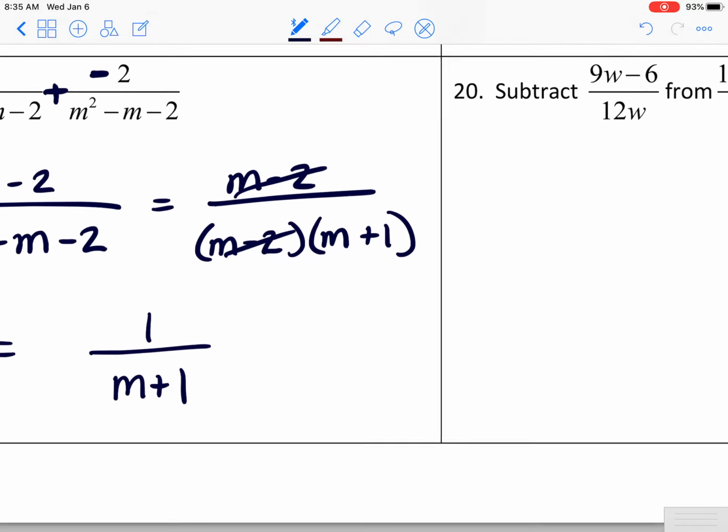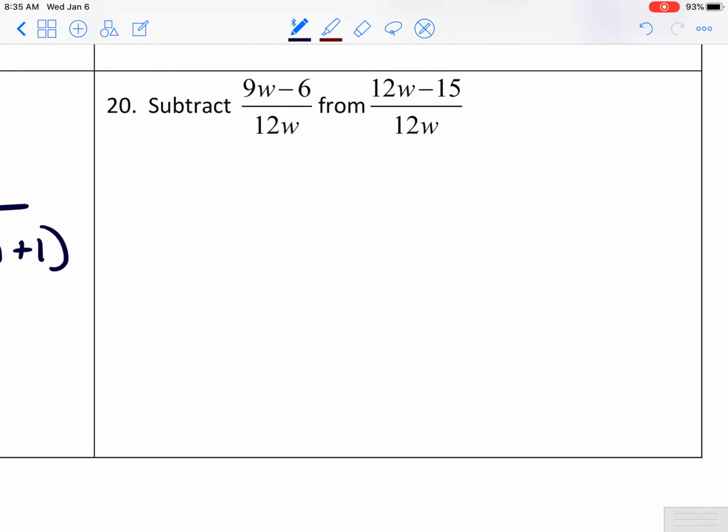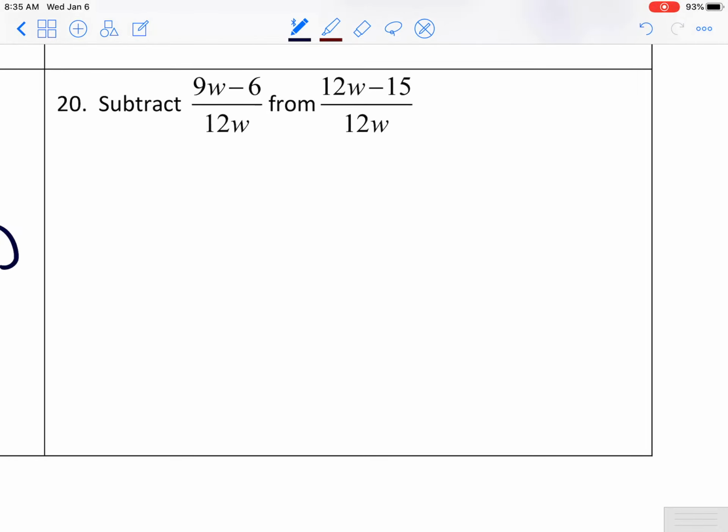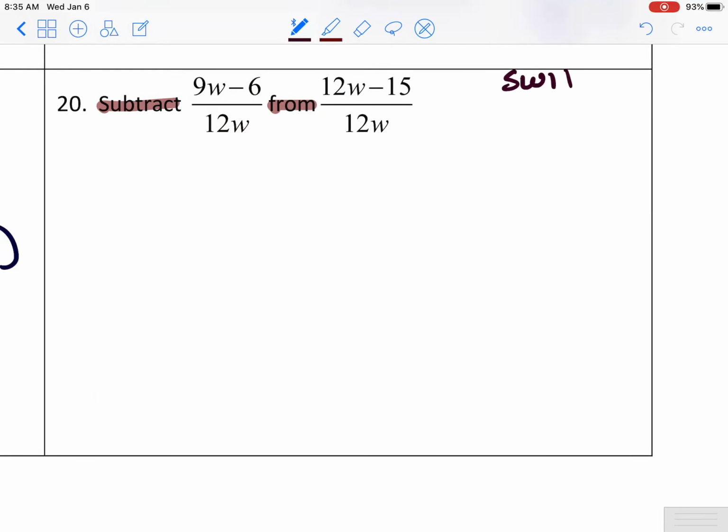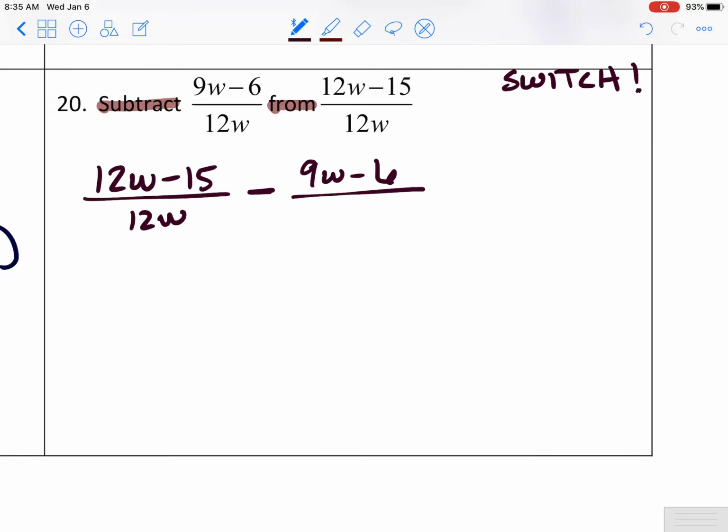All right, number 20. Now, when we were working with our polynomials, we talked about the word subtract from. I don't know if you remember, but that means that you need to switch your order. So I'm actually going to write the 12w minus 15 first, minus the 9w minus 6.